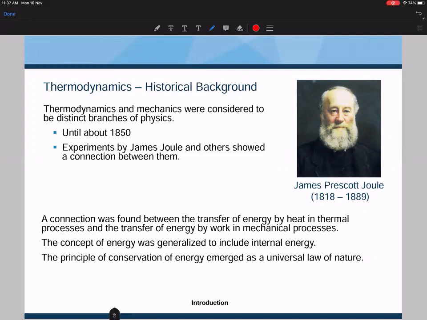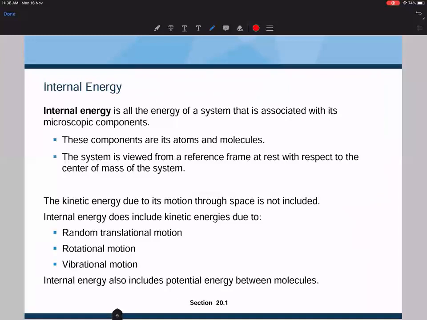So we have to connect the various types of energies together: work done, heat energy, as well as what we call the internal energy of a system. The general idea of the first law is to connect these parameters together. So at the beginning, we will mention what these parameters actually are.